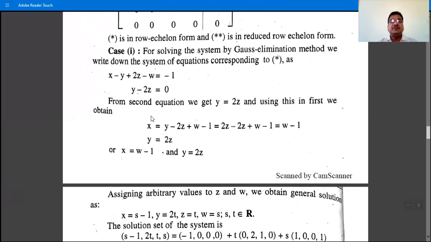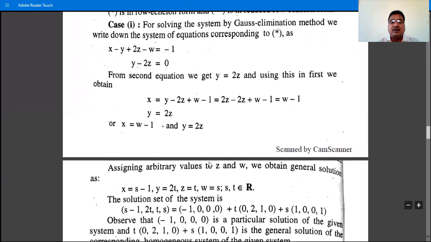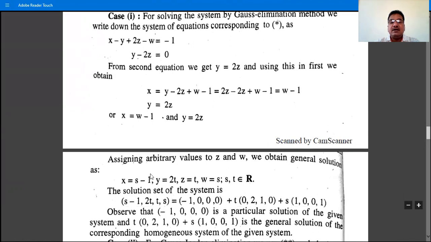The difference is 4 minus 2, that is 2, and we have to assign 2 unknowns. So assign z as t and w as s. s and t belong to R. And then find y and x.